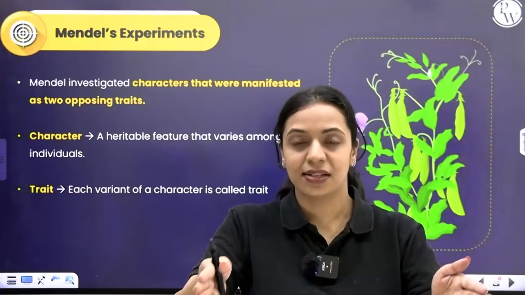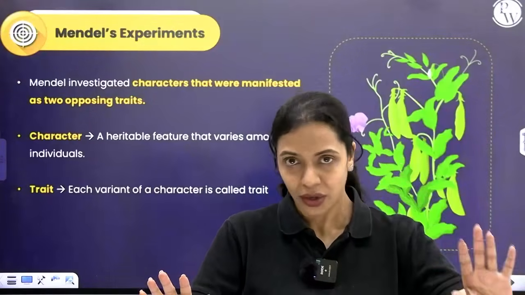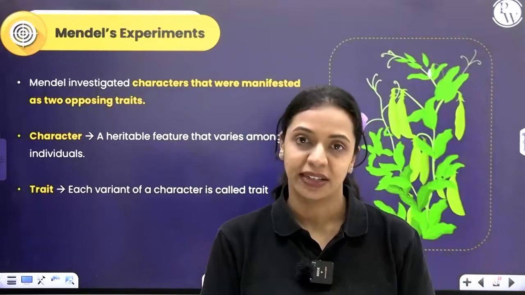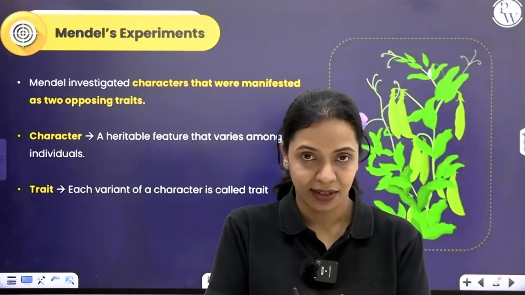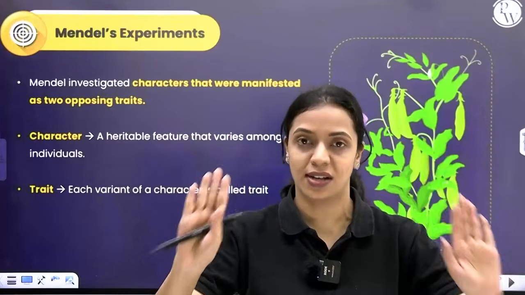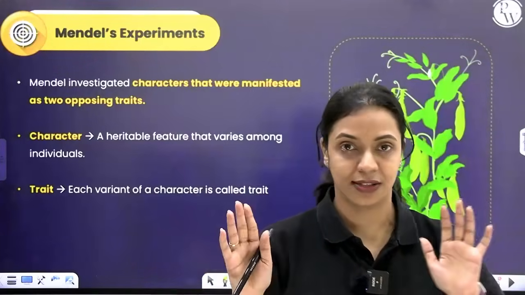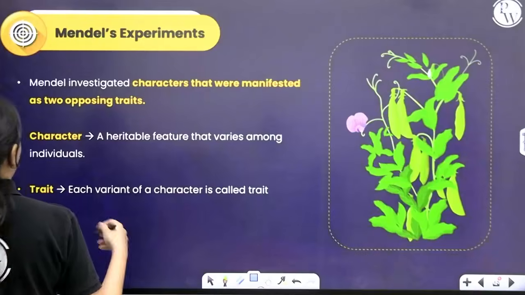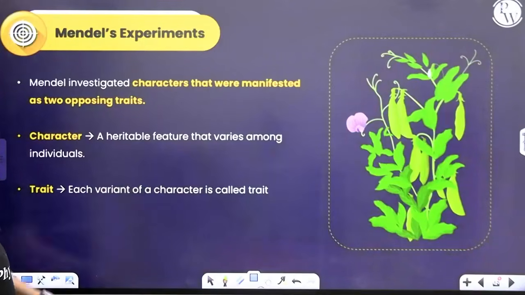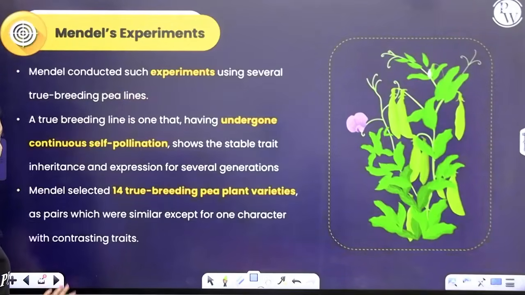Flower color existed in 2 varieties, 2 forms. Either it was violet or it was white. So these are called traits. So he chose 7 characters. Each of these 7 characters had 2 opposing or contrasting traits. So he chose a total of 7 characters and 14 traits. Alright. A character is a heritable feature that varies among individuals, and a trait is a variant of a character, like I already told you. Right.